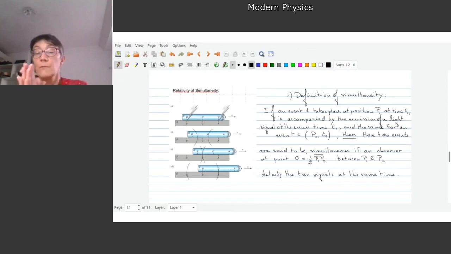It seems very logical. So you are in the middle of the two positions, and you will detect the two signals.